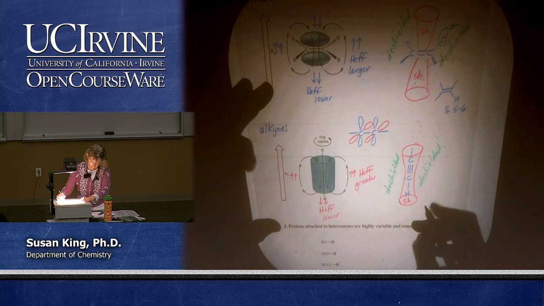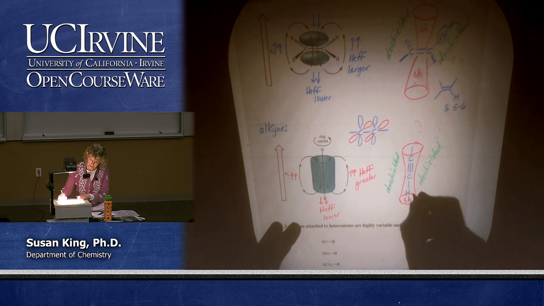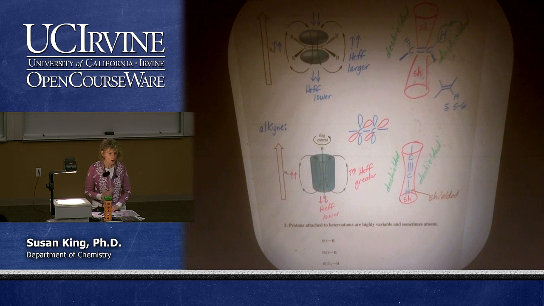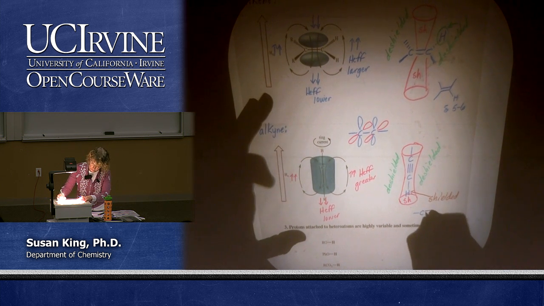And so the hydrogen that is bonded to an alkyne is, I mean, it's shielded. In spite of the fact that that carbon is more electronegative and should be moving that downfield, that happens to fall right in the shielding cone. So that's why for alkynes we see a chemical shift of 2.5.